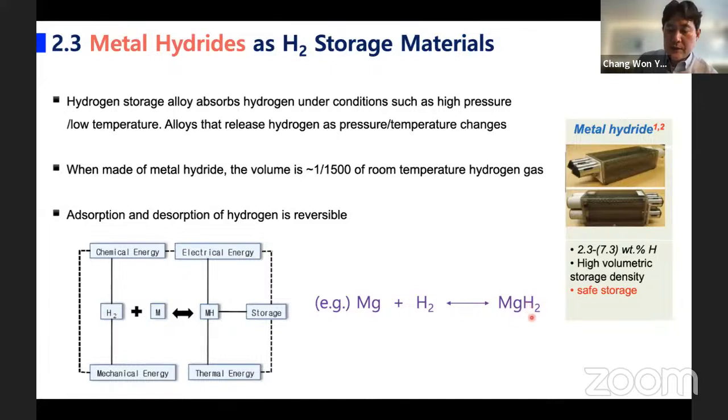Because of this chemical bonding, we call it chemical hydrogen storage. And in this way, you can store hydrogen.